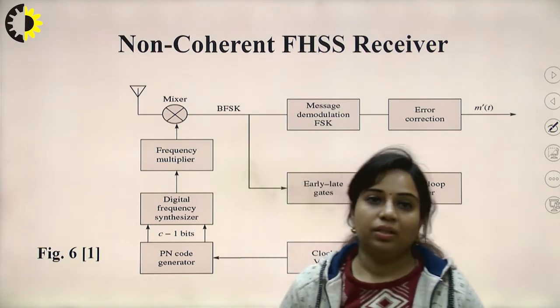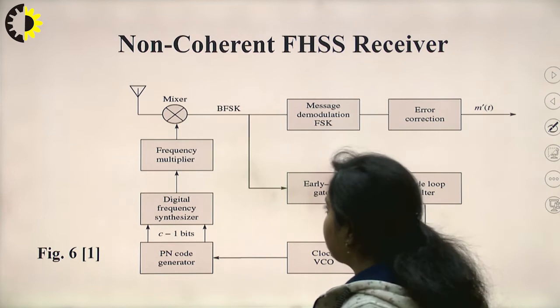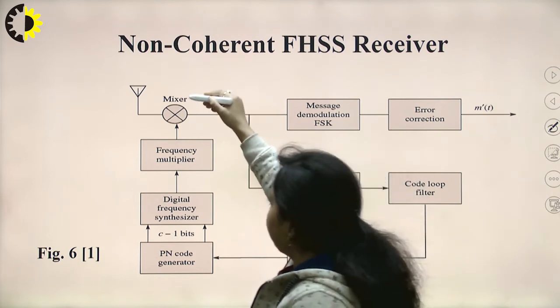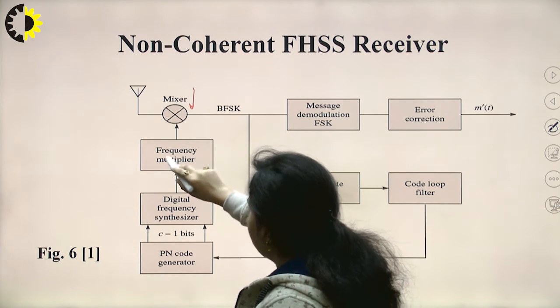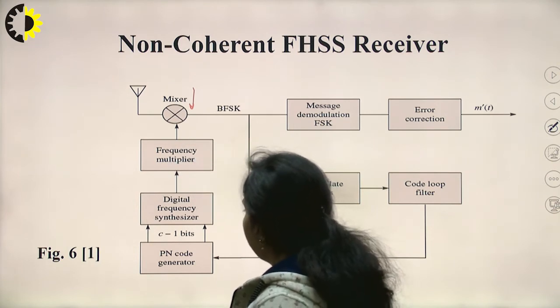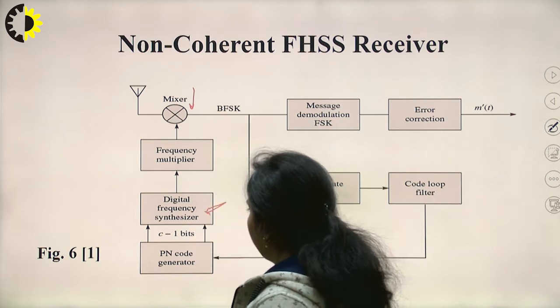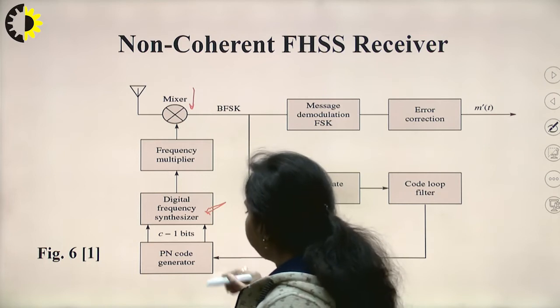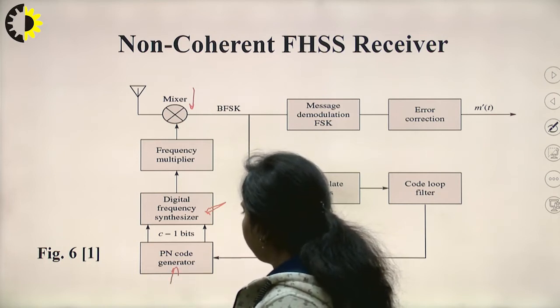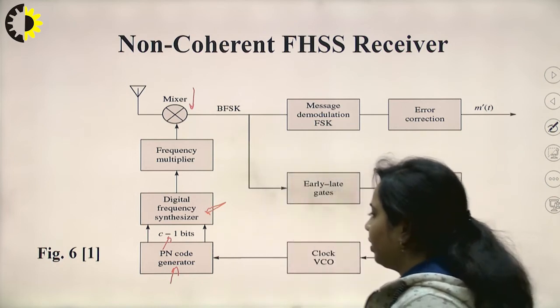Now this is the non-coherent FHSS receiver. This is just showing the mixer side, which is being applied from this frequency multiplier. Now this is the digital frequency synthesizer. This is the PN code generator. Now this is C minus 1 number of bits that are generated by this PN code generator.